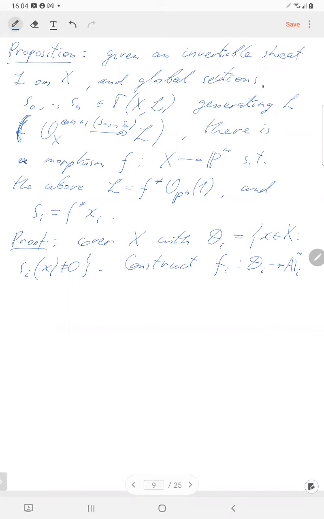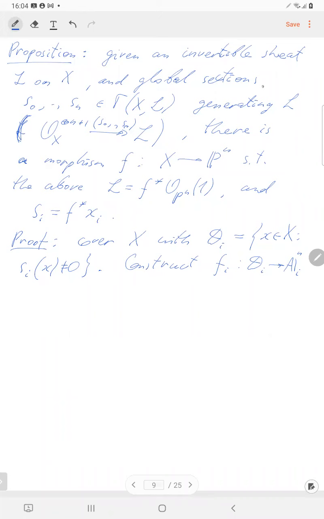Can somebody tell me what this tautological morphism is in this open chart? Maybe Wei Chen, can you tell me? I'll have a try.